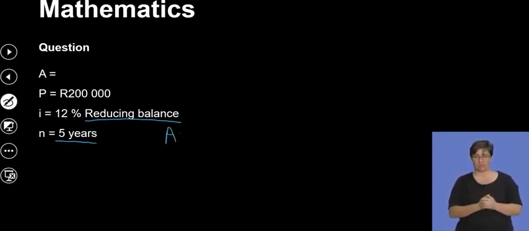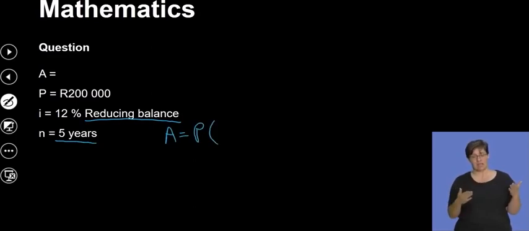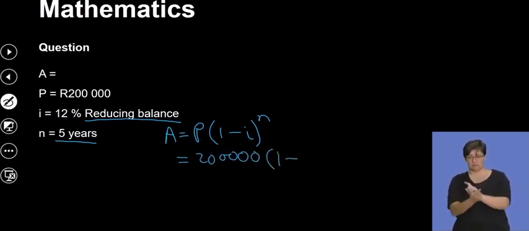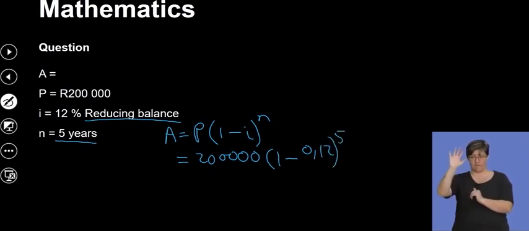So to calculate this, remember you start with the formula A = P(1 - i)^n, and my P value is 200,000 times (1 - 0.12), to the exponent of 5. Please remember that there is no compounding period when you talk about depreciation.